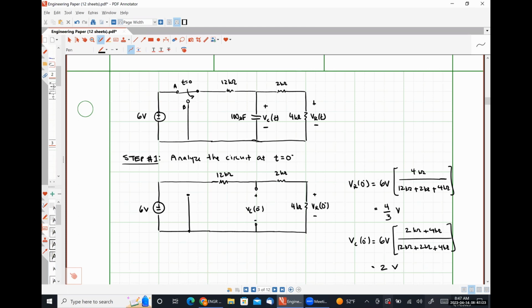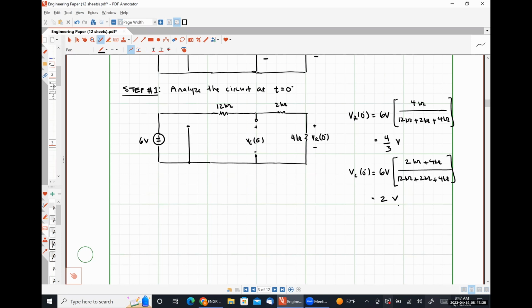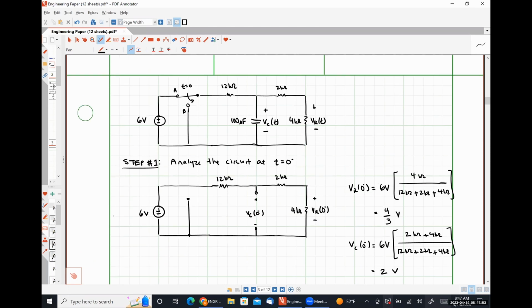So now let's look at step number 2. Now we are going to analyze the circuit at t equals 0 plus. Let me scroll up here. Our switch has changed states.